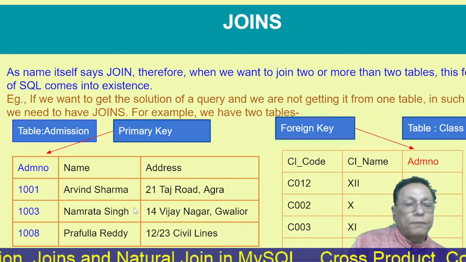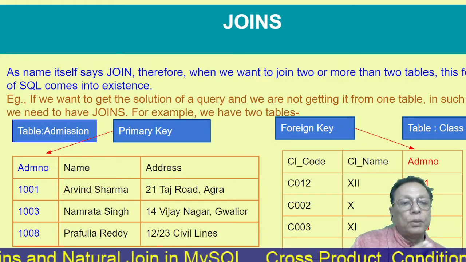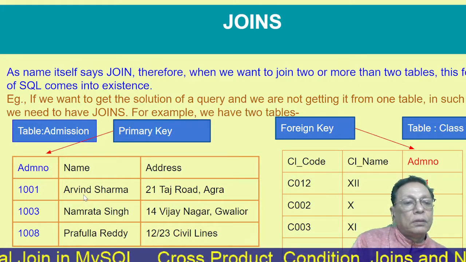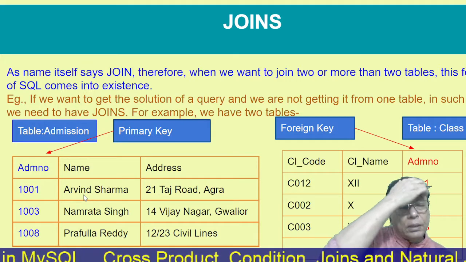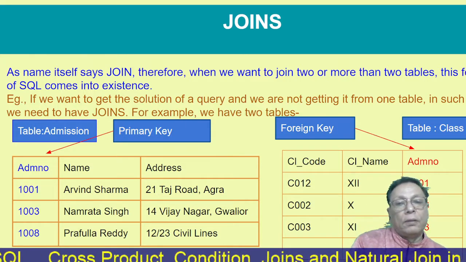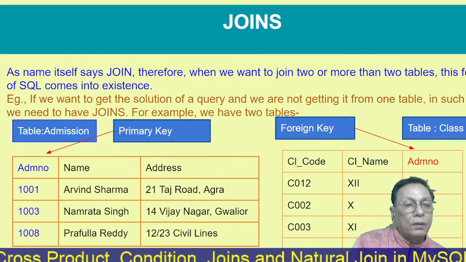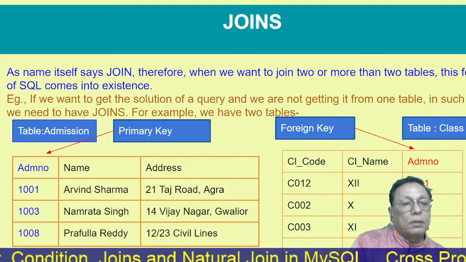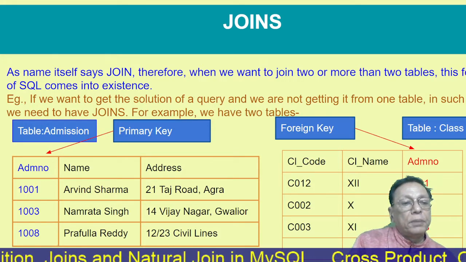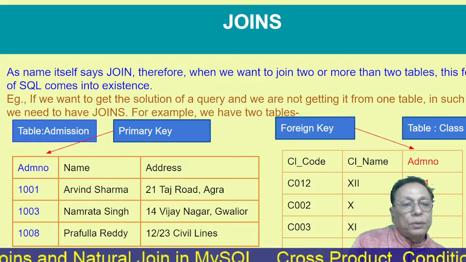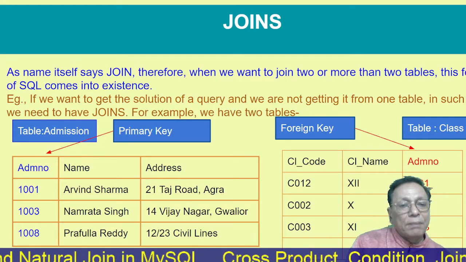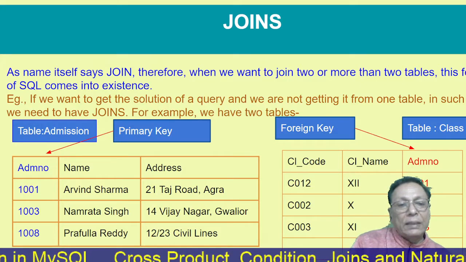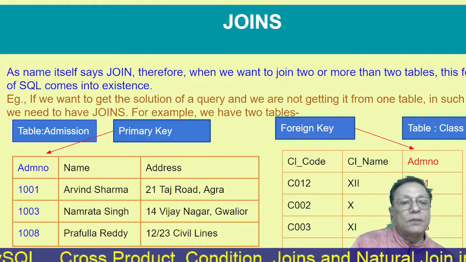And if we have a query, like if you want to know the name of admission number, say 1003, we have the query like select name from admission where admission number is 1003. So there is no complicacy. This is a very simple query, and this query helps you select the name on the basis of the admission number.